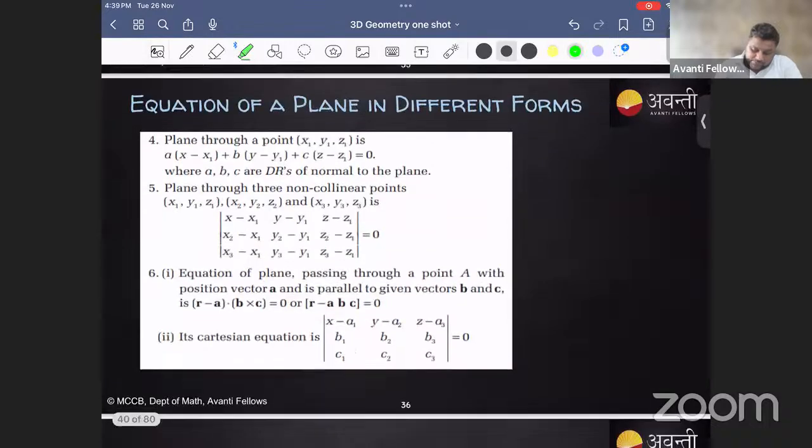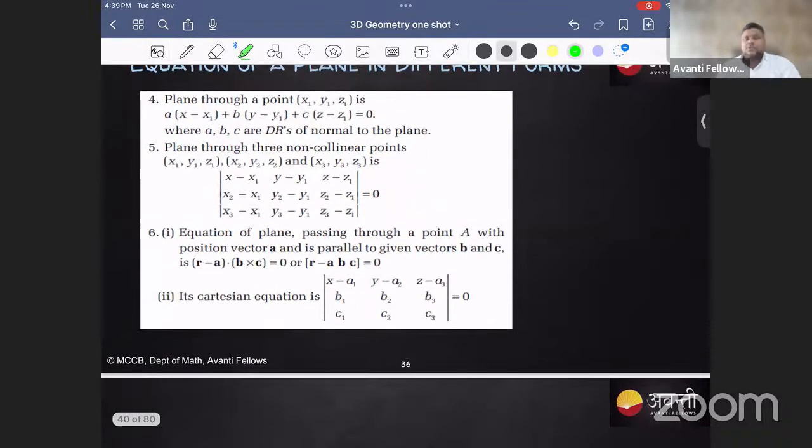Now, these are various forms of the plane, but the only agenda, the only target if you are trying to get the equation of a plane is what? You need a normal vector and you need a point in the plane. Am I clear?